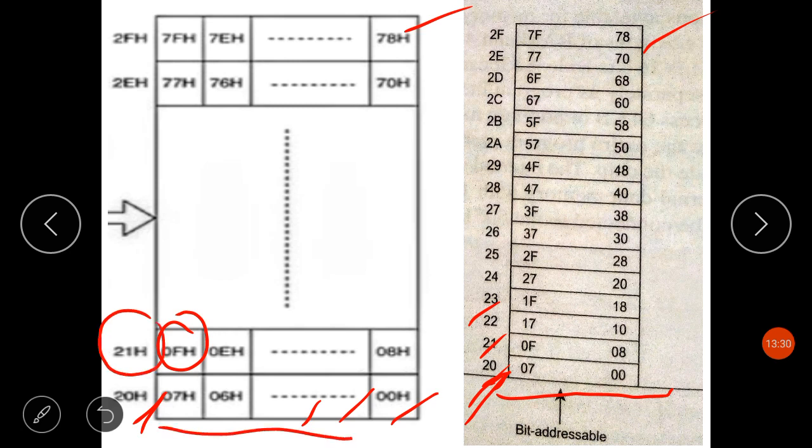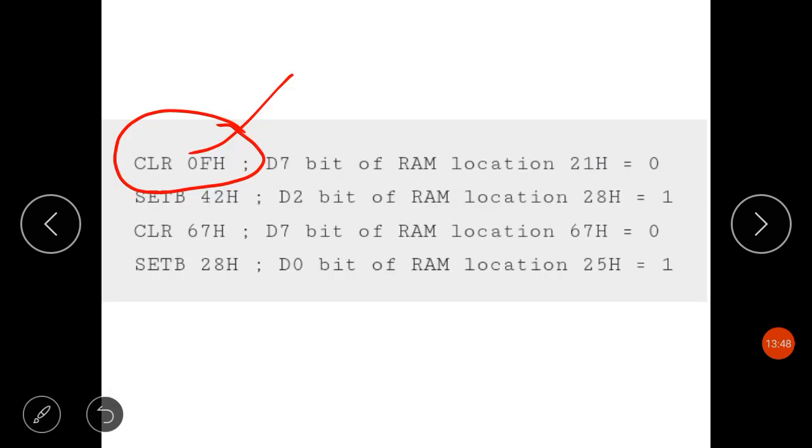This is the bit addressable memory, that is the 16 bytes of bit addressable memory within the 128 bytes of RAM. So 0F is the 7th bit of the 21H address. So the D7 bit of RAM location 21H will get 0.